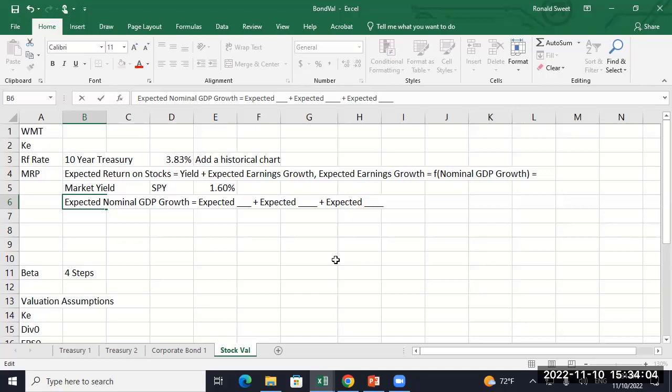What are those 3 things there? Expected productivity growth. Expected labor growth. The last one, expected inflation.